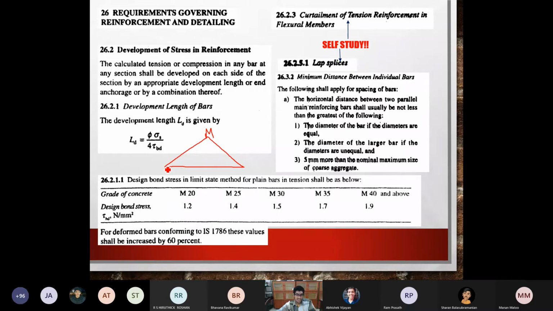Zero at the supports. So what is the purpose of giving tension reinforcement? It is basically to take the tensile stress caused by the moment. When I talk about the tensile stress in the beam, where will it be maximum along the length of the beam?